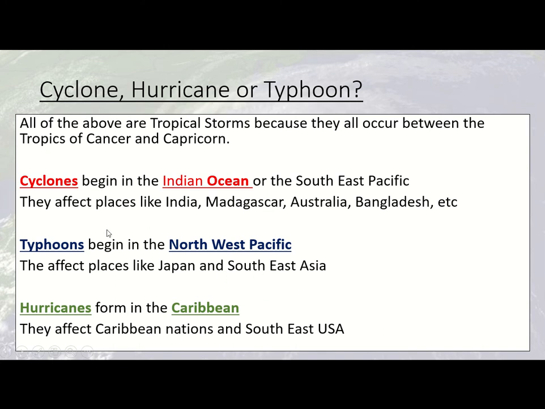Typhoons tend to be really, really bad, and some of the biggest tropical cyclones in history have been typhoons that formed in the Northwest Pacific. Cyclones don't tend to be quite as severe, but they can still cause major damage, because all of these systems are incredibly powerful and have an incredible level of damage attached to them, both financial and social.